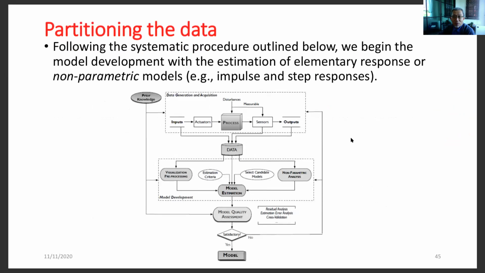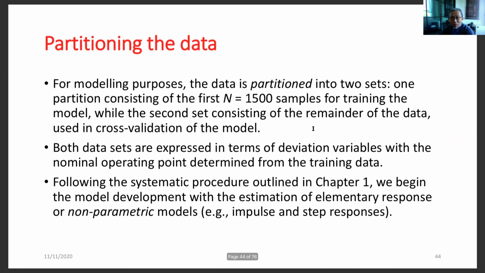Okay. So that is why you partition the data. You get 1,500 samples, and you have to divide the data into two: 750 for ID and 750 for validation.